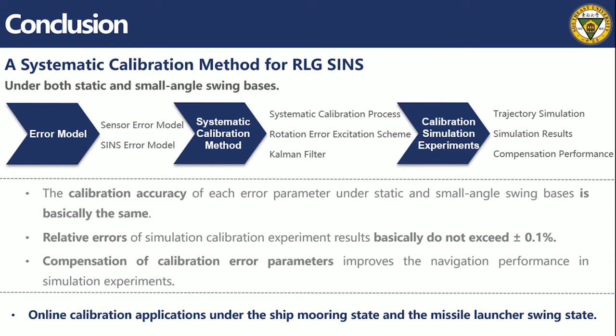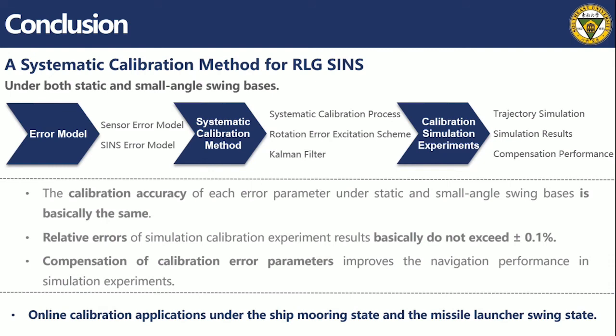Finally, calibration simulation experiments using systematic calibration method are performed under both static and small angle swing basis to verify the validity of this high precision calibration and error estimation method of RLG things. Simulation experiment results show that calibration accuracy under static and small angle swing basis is basically the same.